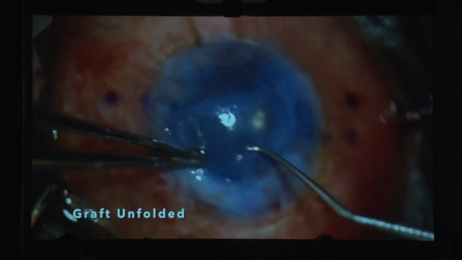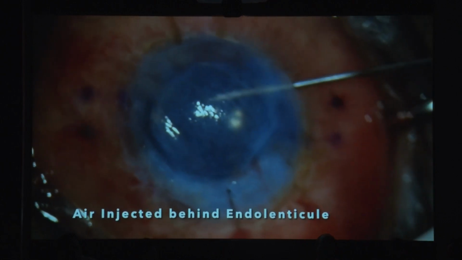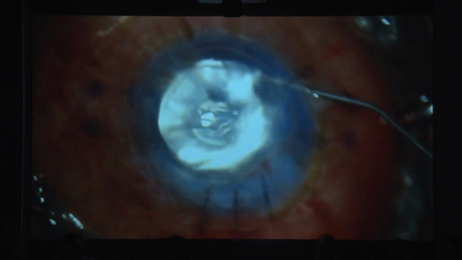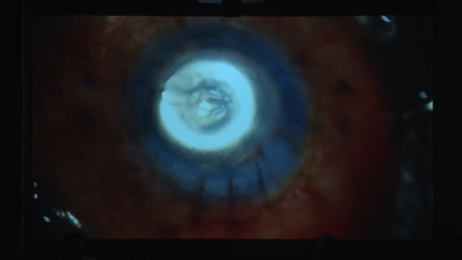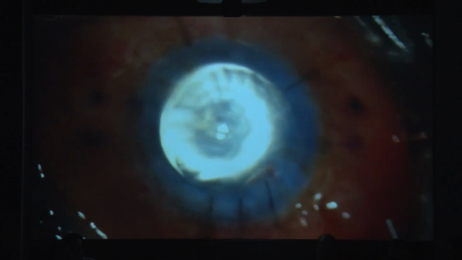The graft was unfolded using tapping movements in a shallow anterior chamber, and the air was injected behind the endolenticle to oppose it to the undersurface of the corneal stroma. The various ports were sutured.